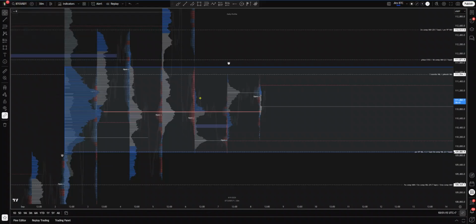Okay, you can see here similarly as well for Saturday. We made the move downwards, made the POC below here, so this one builds a P shape as well here, but there's a 2 distribution here as well, the single print here.